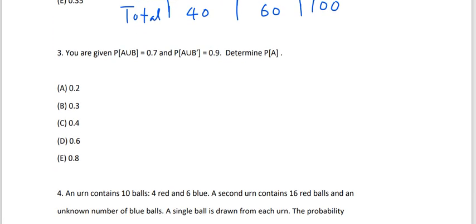Here we also have two factors, A and B. We just put this as A and A bar. For A we have two cases, A or not A, and B or B bar.